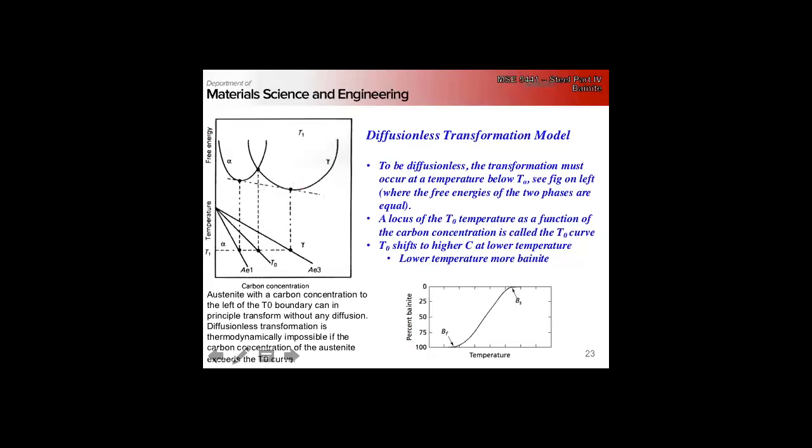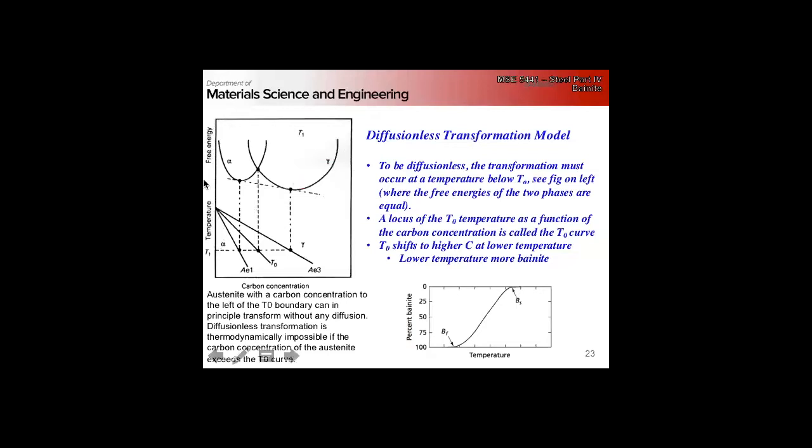Okay, so the transformation needs, so let's create this. This is our carbon concentration. This is a combined graph. So in this lower part of the graph, the y-axis is temperature. The upper part of the graph is free energy.